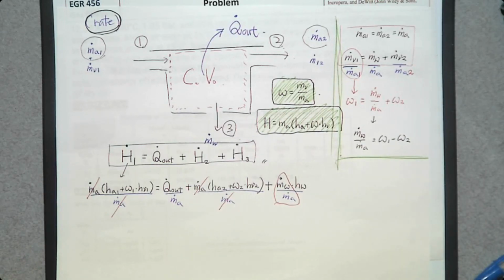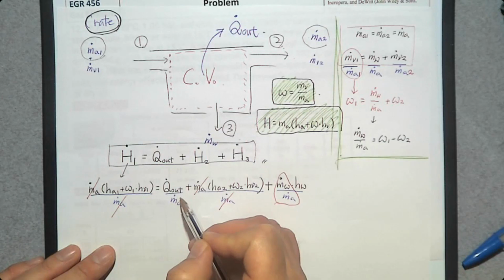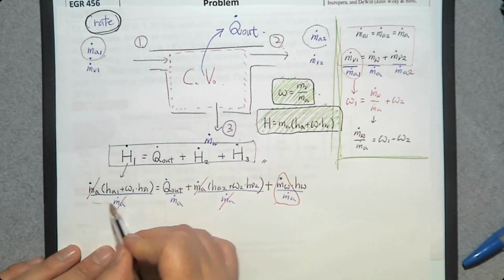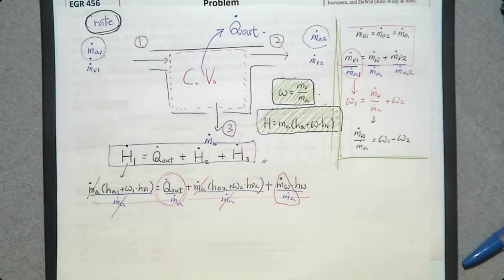Then can you rewrite this equation in terms of this rate of heat transfer? Move this one to the left-hand side and switch this way.